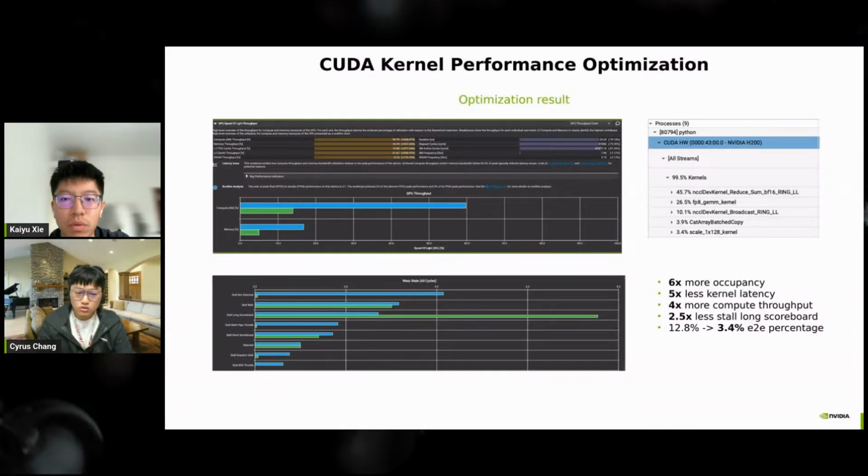Projecting this kernel speedup back to the end-to-end NCU report, this new optimized kernel now only takes 3.4% of the total kernel time, which means we are reaching around 9% end-to-end speedup.